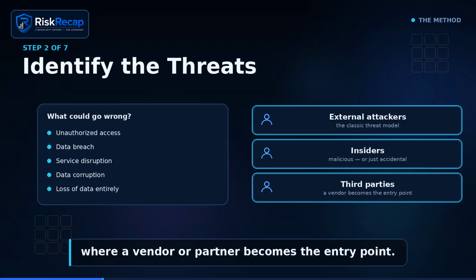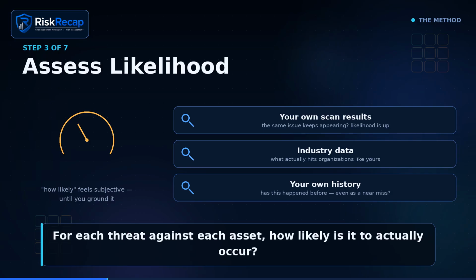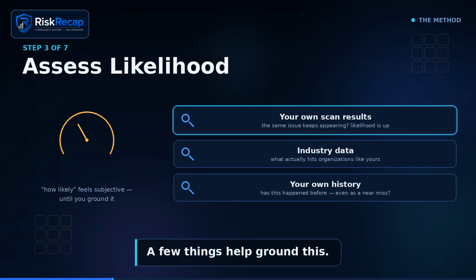Step 3 is assessing likelihood. For each threat against each asset, how likely is it to actually occur? This is often where assessments go wrong, because likelihood can feel very subjective. A few things help ground this. Look at your existing scan results.